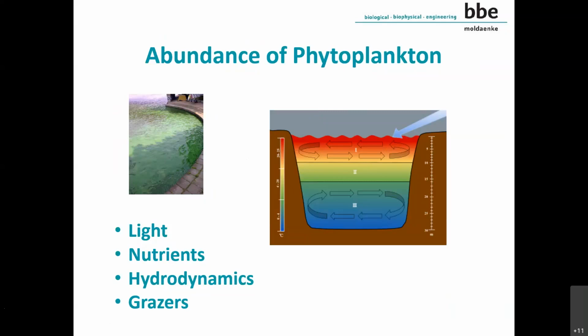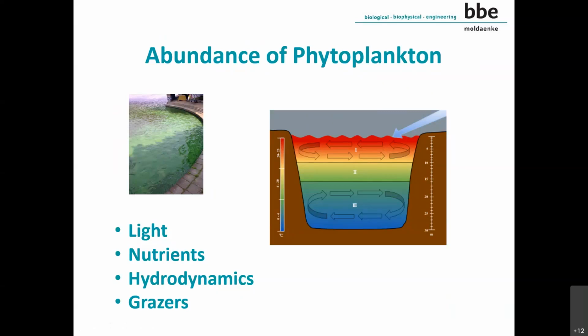When we look into a natural lake, we see different layers. We have, for example, the epilimnion, which is the classical expression for the layer where you find probably most of them.